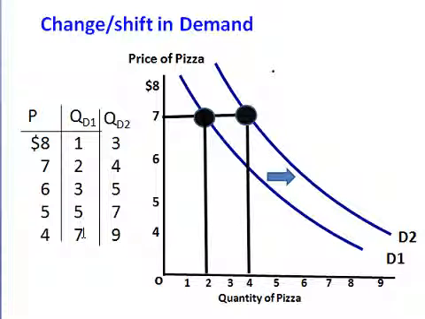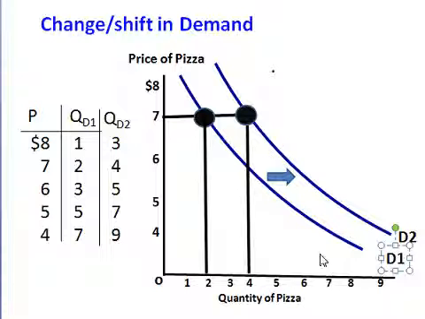That means we are following the law of demand here. From this pair of price and quantity demanded D1, we can derive the demand curve for pizza, and that is D1.